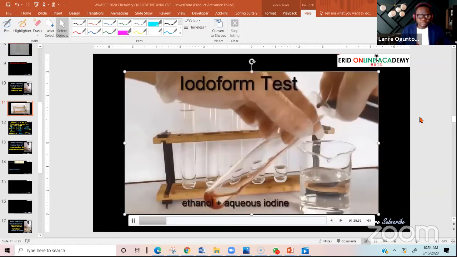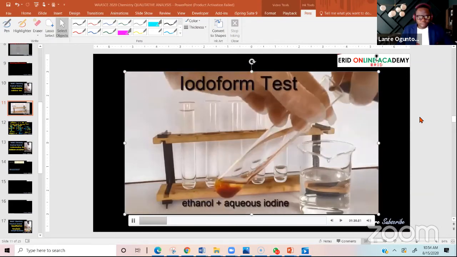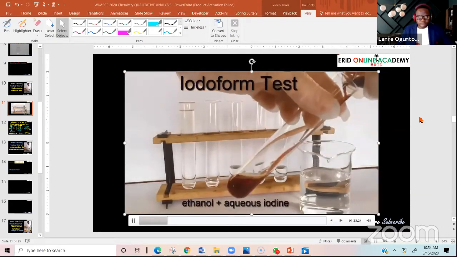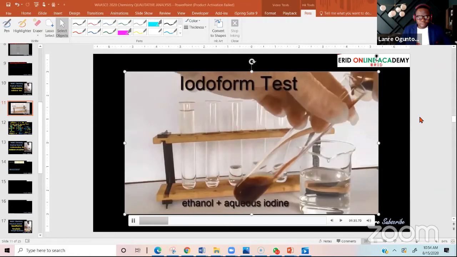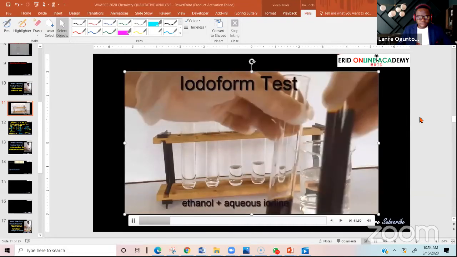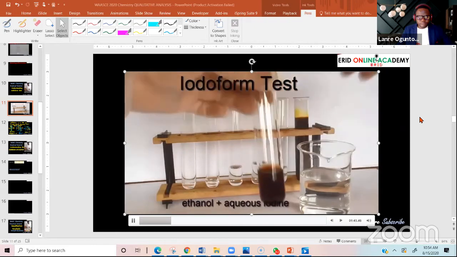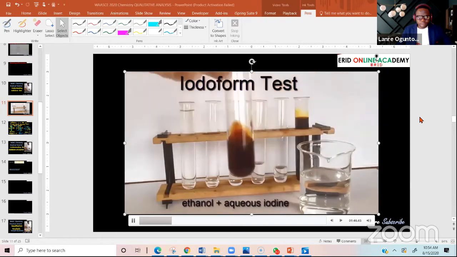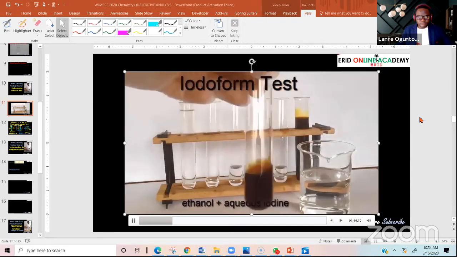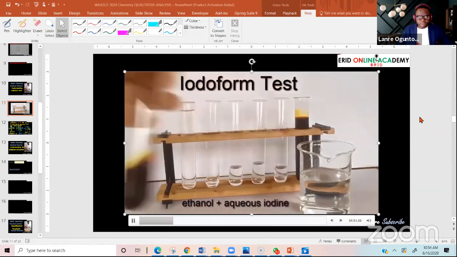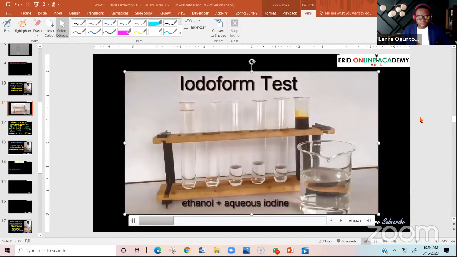The 3 reactants must come together: ethanol, aqueous iodine, and sodium hydroxide. Then I will use a syringe to take my sodium hydroxide, and pour it gradually into the mixture of ethanol and aqueous iodine.